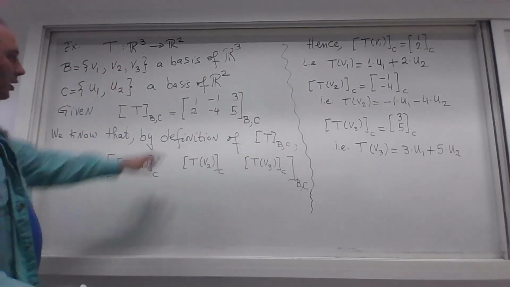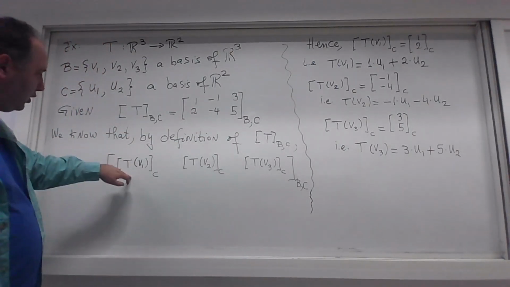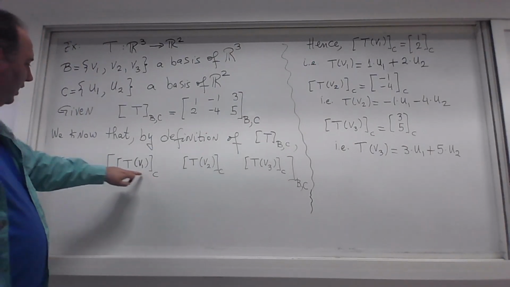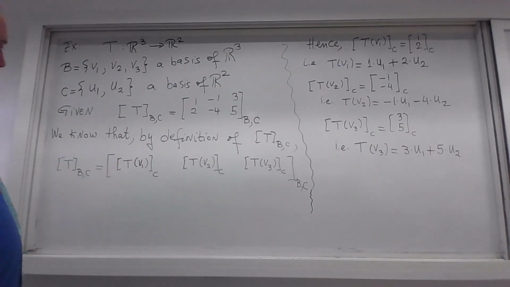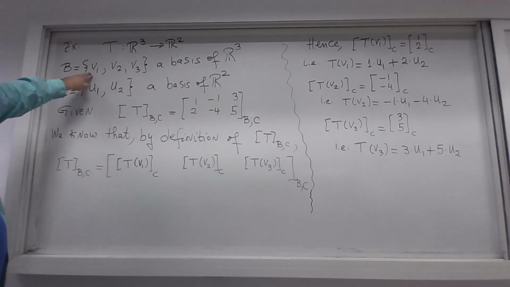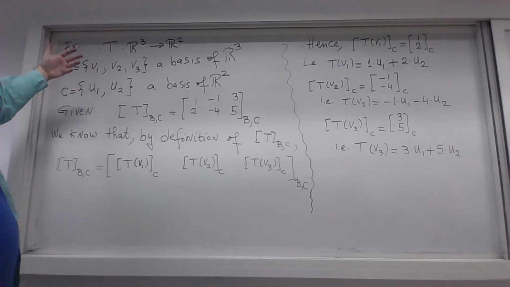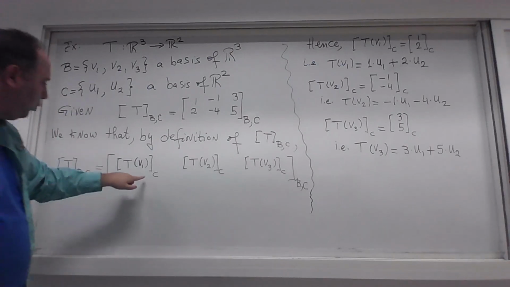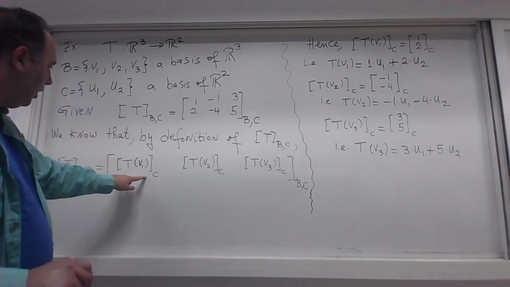By definition, this was built as the first column is the coordinates in basis C of the image of V1 by the linear transformation T. So we take T, we apply it to the basis vectors of the input space. So T of V1, we get it, and then we find the coordinates in basis C of R2, and we put it in the first column. Ta-da!